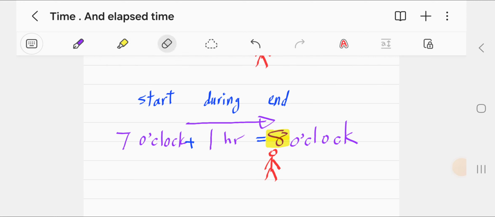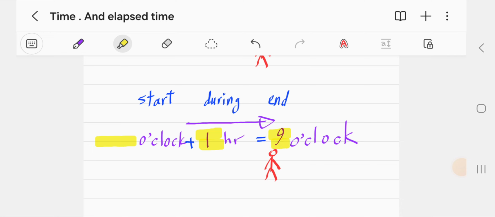Right now I have a start. Let's solve this. I have a math session, but I don't know which time I started this session. And this session takes just 1 hour. That's okay. And when I finish this session, I find it finished at 9 o'clock. So which time did I start this session?